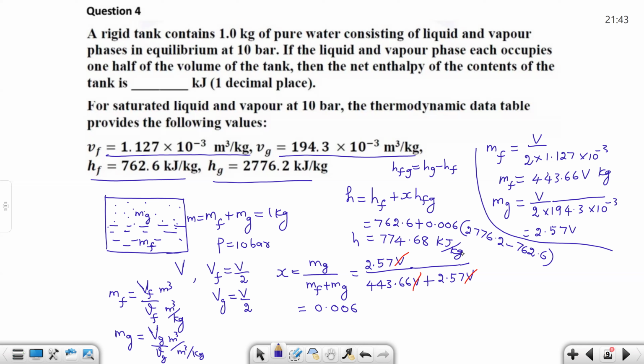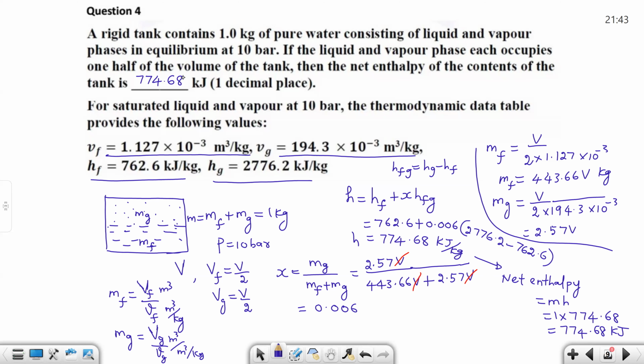So the net enthalpy content in kilojoule will be mass into h. Mass is 1 kg, h is 774.68. So the answer is 774.68 kilojoule.